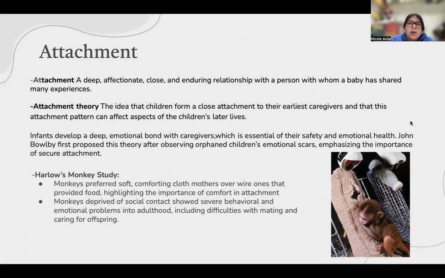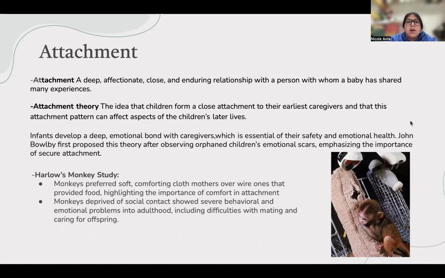So, there was something that was proposed about attachment theory. It was when infants develop a deep emotional bond with caregivers, which is essential to their safety and emotional health.